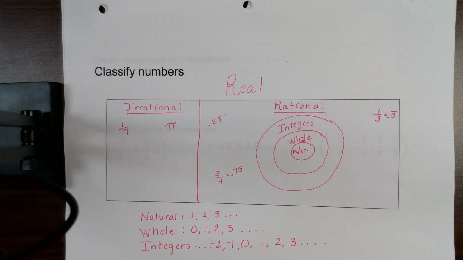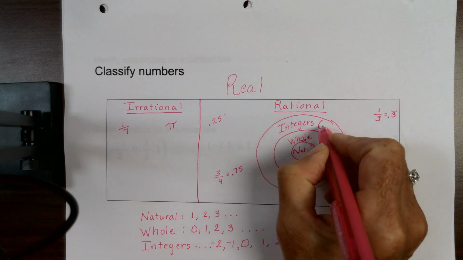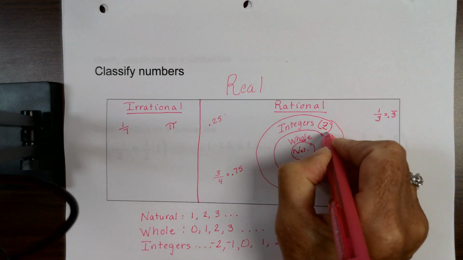You don't have fractions, you don't have decimals, unless perhaps the fraction would give you a whole number. So if I asked you to classify 6/3, 6/3 is the same as 2. So it is the very smallest unit we find it in. It would be a natural number, a whole number, and interesting enough, the abbreviation used for integer is a Z.